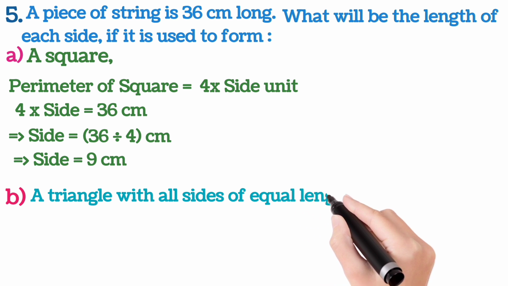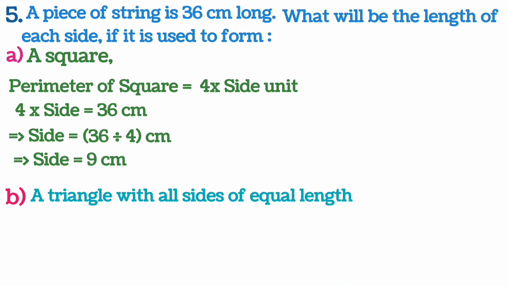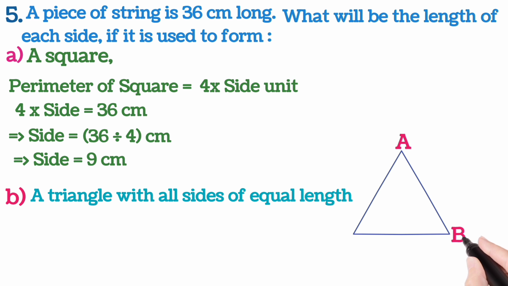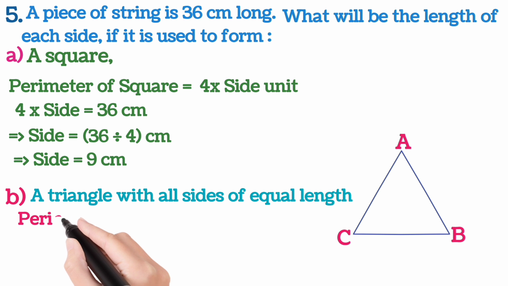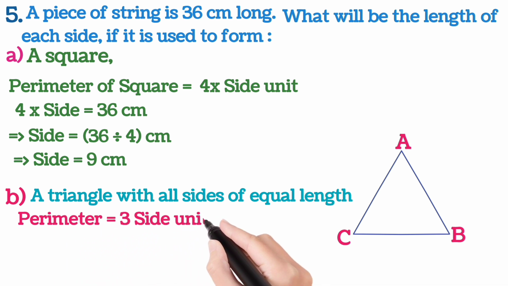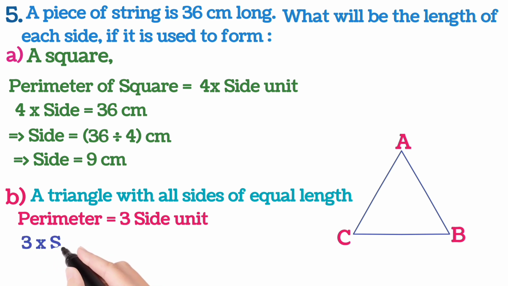Next, sum number B. In sum number B, they said there is a triangle with all sides of equal length. So what type of triangle is this? I am taking the triangle as ABC. These three sides are equal, which means an equilateral triangle, meaning AB equals BC equals CA. The perimeter of an equilateral triangle is 3 into side, because 3 sides are equal, and the perimeter we know is 36 centimeters.